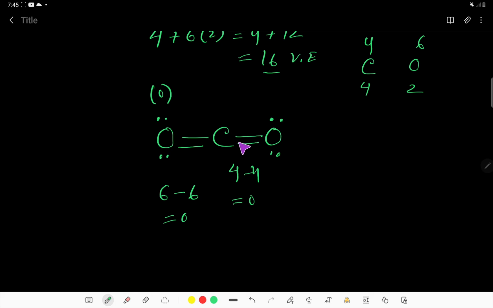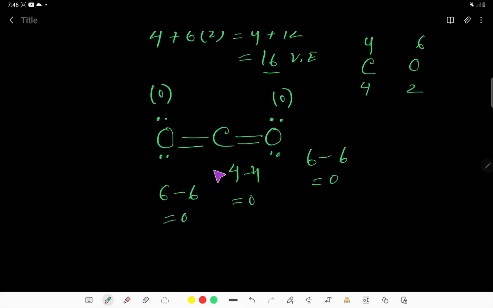In determining formal charge, you have to consider half of the bonding valence electrons, right? So for this oxygen, 2, 4, 5, 6, that is, in neutral we have 6 and here we have 6, that is 0. The formal charge of oxygen is 0, right?